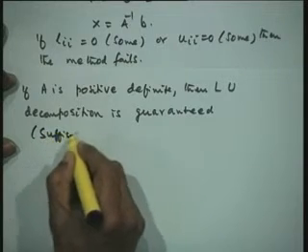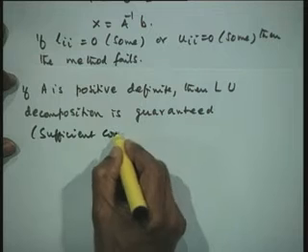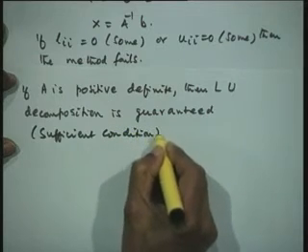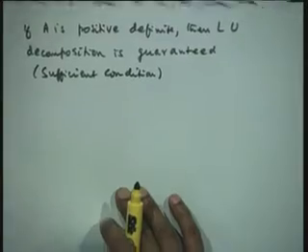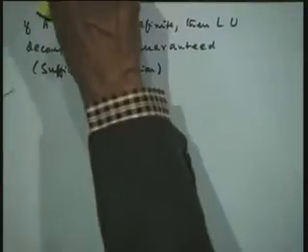That is a way of testing that it is a positive definite matrix, but this is a sufficient condition, not a necessary condition. In the other cases, we would use other techniques for avoiding the pivot being 0.